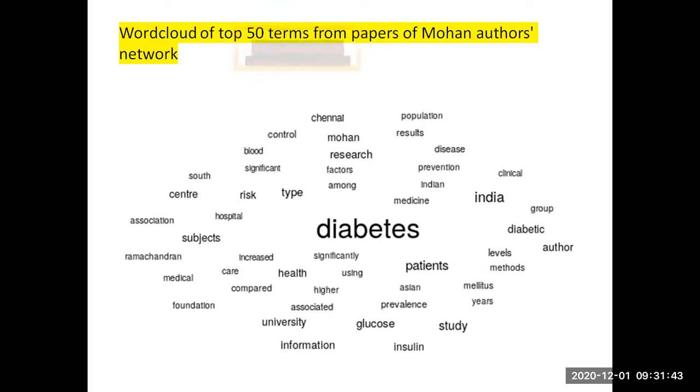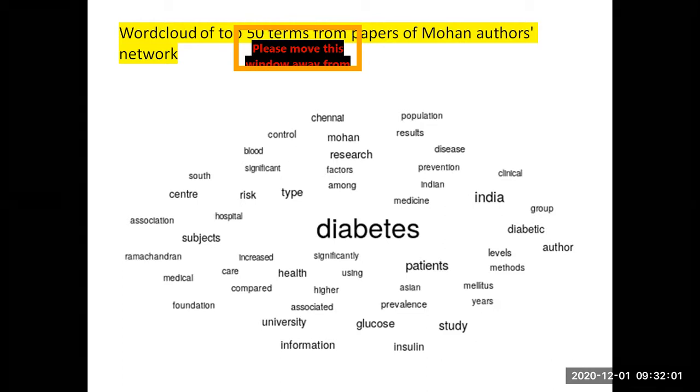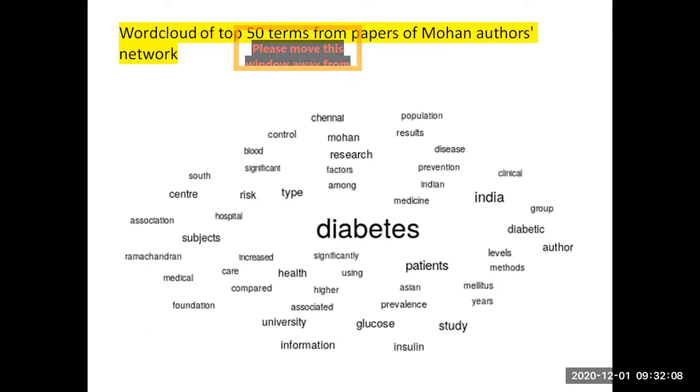Chennai also comes, that is the city where Mohan is doing their research. So these terms come out very nicely. And in addition, there is mention of risk, glucose and insulin, and hospital and subjects and so on, which is the typical medical study here.